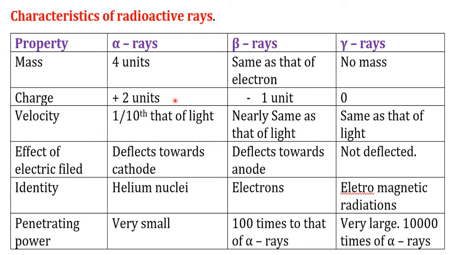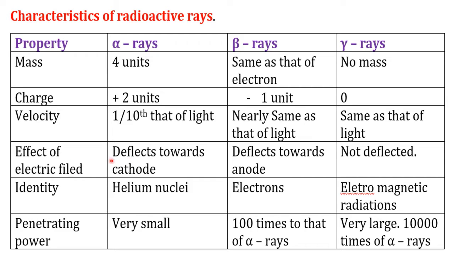The charge of an alpha particle is plus 2 units, whereas the beta particle, that is the electron, is minus 1 unit, and gamma radiation does not have any charge. Velocity. The velocity of alpha particles is 1/10 that of light, for beta radiation it is nearly the same as light, and for gamma radiation it is the same as that of light.